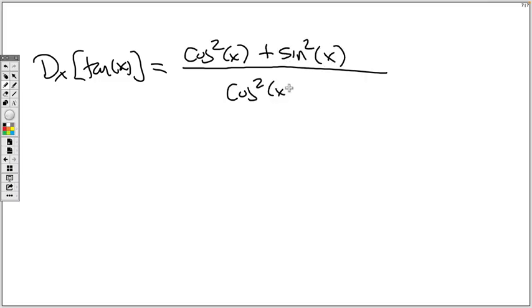Over cosine squared x. And hopefully this triggers a memory for you. I've got cosine squared of an angle plus sine squared of the same angle. That's always equal to what? Cosine squared of an angle plus sine squared of an angle is always 1. That's your Pythagorean identity there.